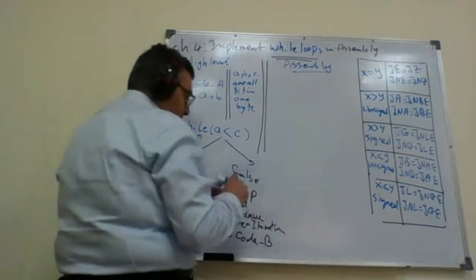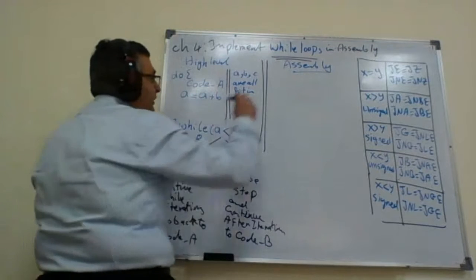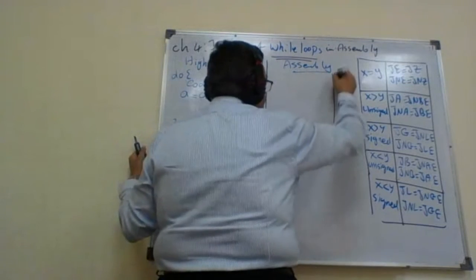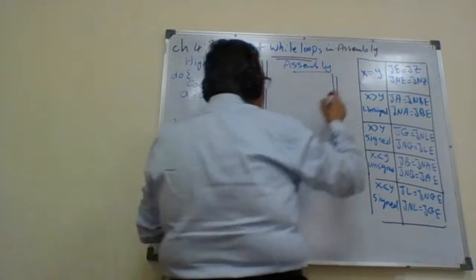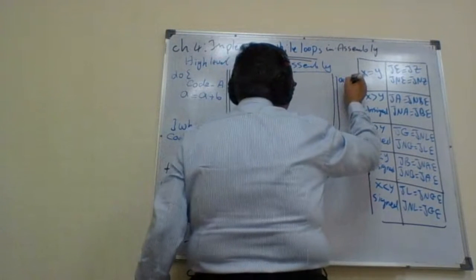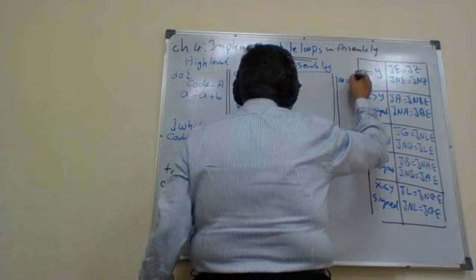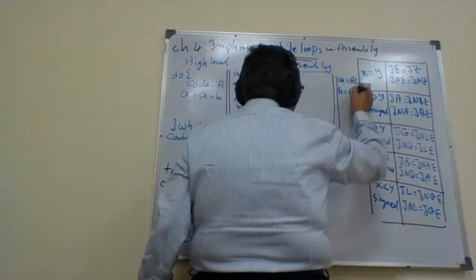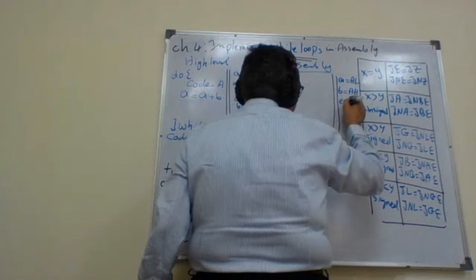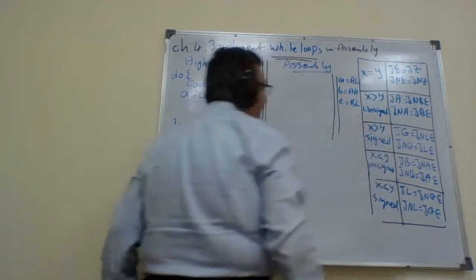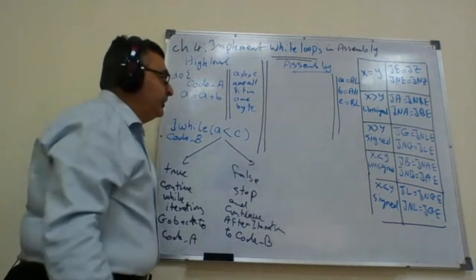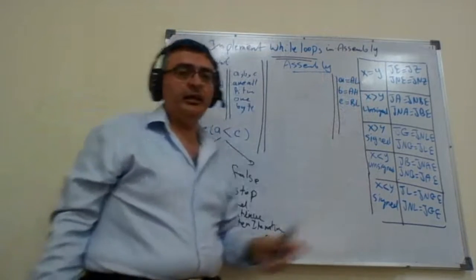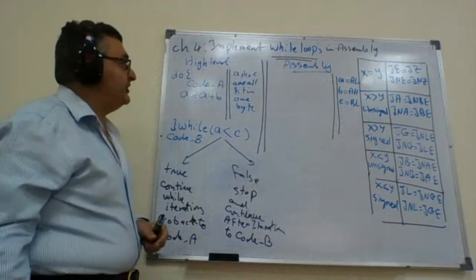I assume that A is in AL, B is in AH, and C is in BL. Assume that those registers already carry the three values of A, B, and C.